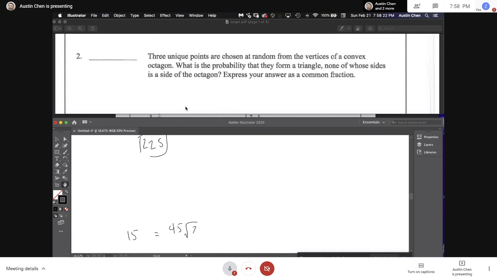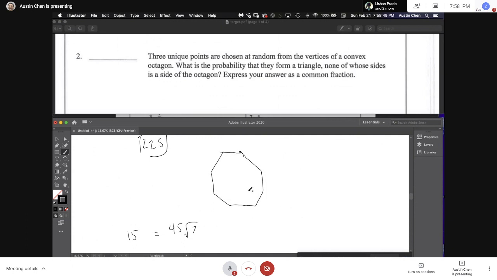Choosing 3 unique points on an octagon, and we need to find the probability that it forms a triangle, but the triangle cannot have any sides that are a side of the octagon. One way you can do this is you can count how many total number of triangles you can have with none of the sides being on the octagon.